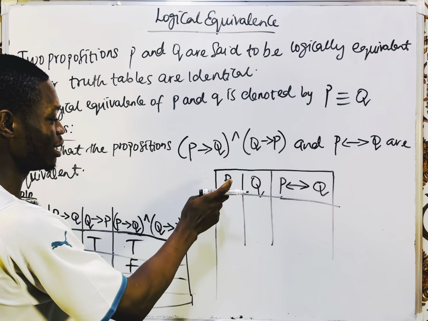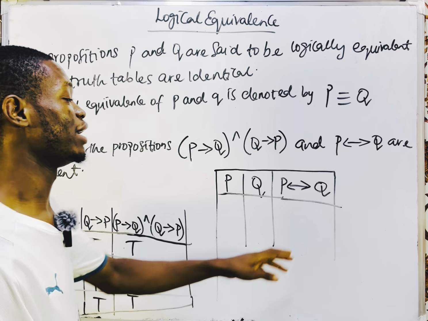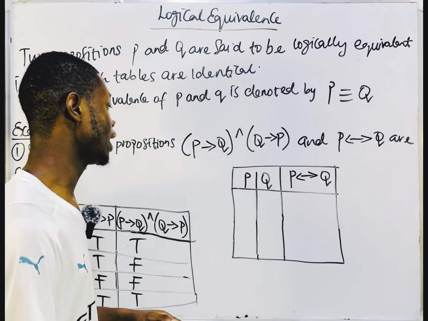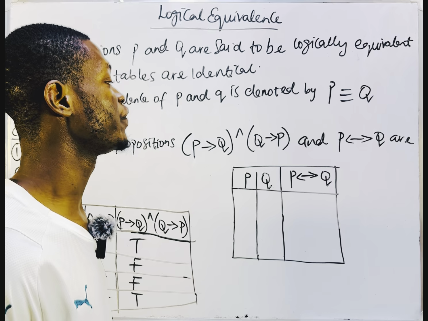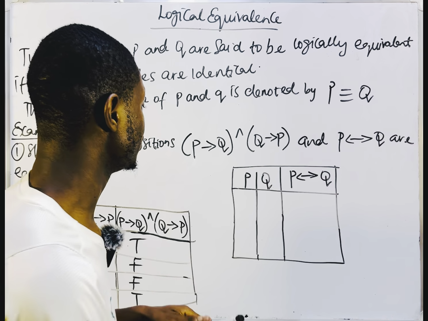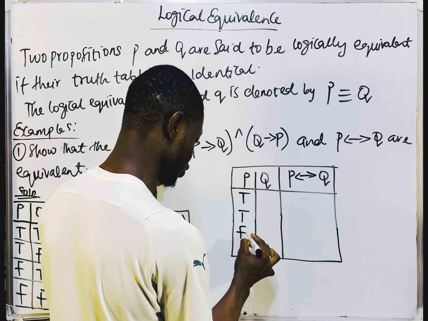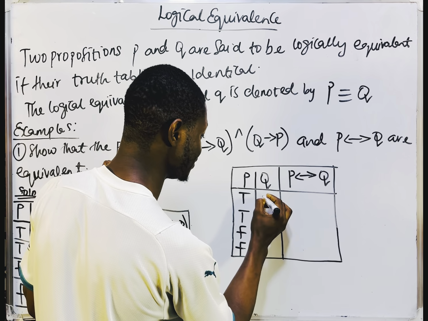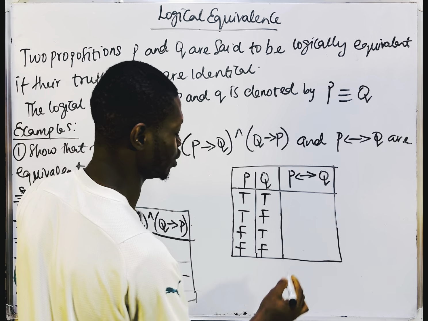So, all right, we have P, Q, and P if and only if Q. This is a biconditional. So under P if and only if Q, we are going to have truth, truth, false, false. Remember how we used to do it. So we have truth, false, truth, false. We alternate it.